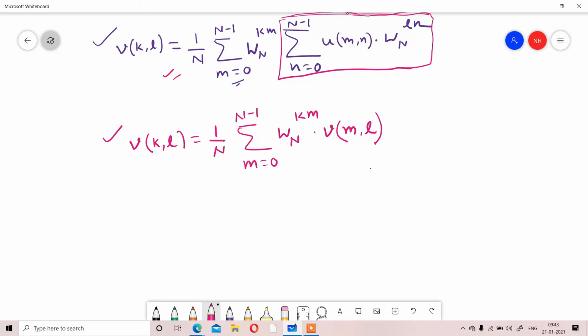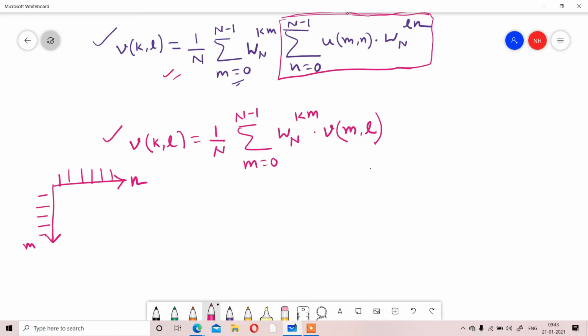Simply by picture, if you try to understand that, it is defined by n, and that is defined by m, where m is the number of rows and n is the number of columns.